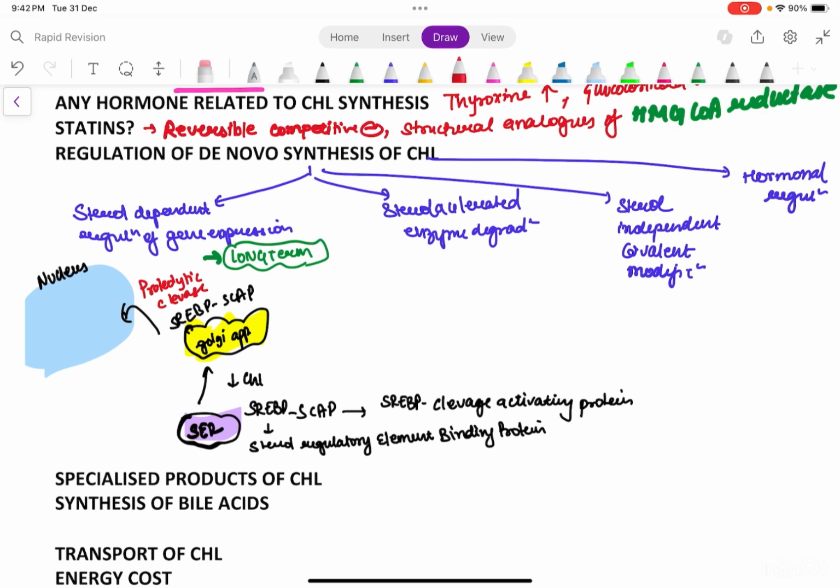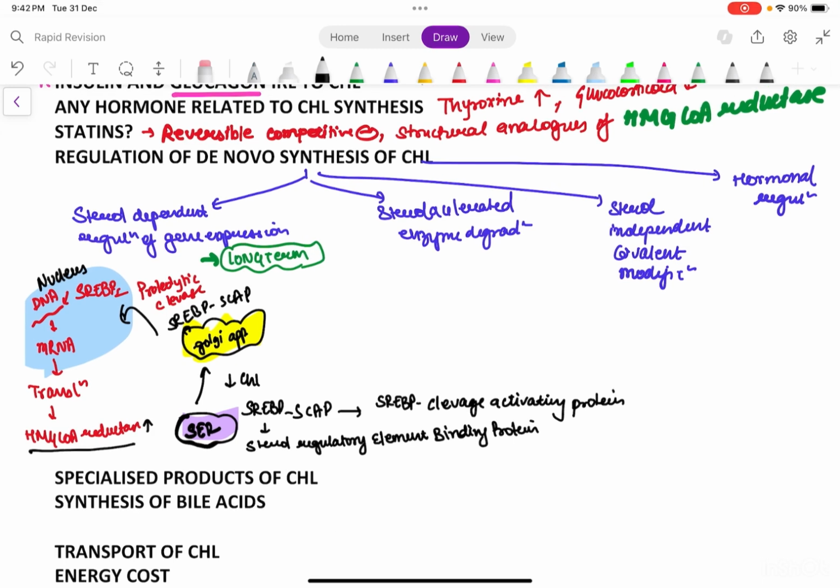Due to this, we will get SREBP 2 in the nucleus. Normally you have DNA in the nucleus. Now this SREBP will cause mRNA to form, basically transcription. Then this mRNA will translate and form HMG CoA reductase. This HMG CoA reductase is the rate limiting enzyme, so it is increasing, and synthesis of cholesterol will also increase.